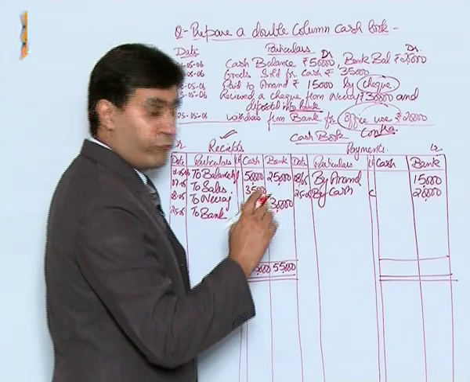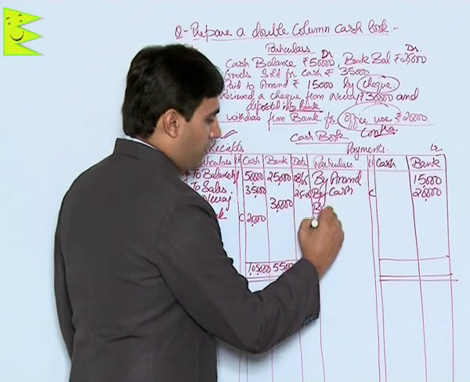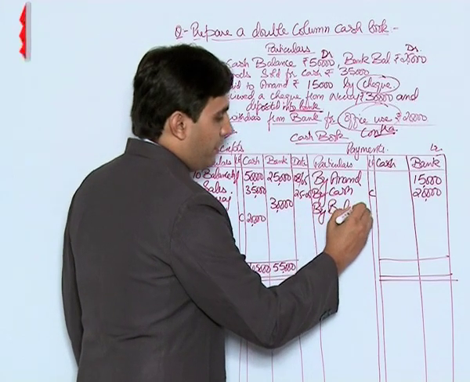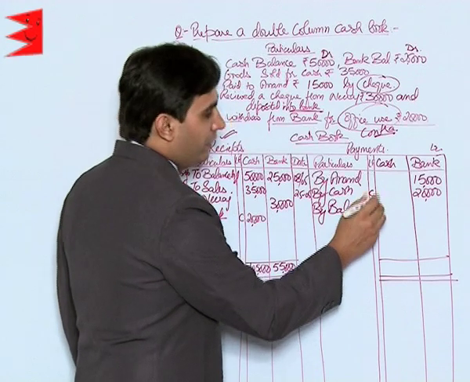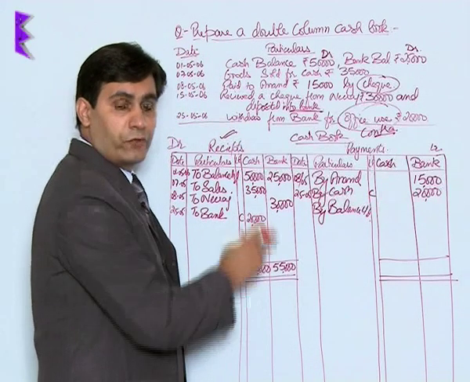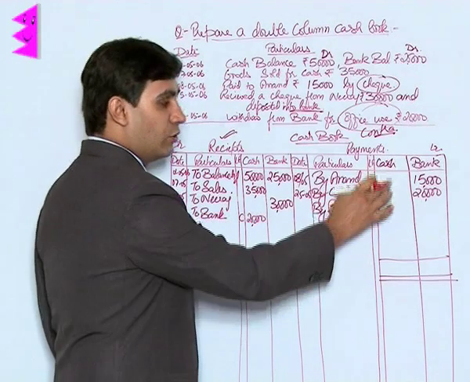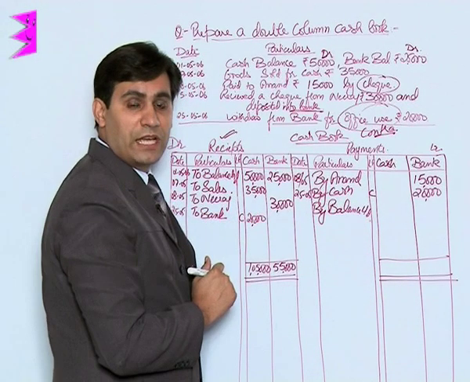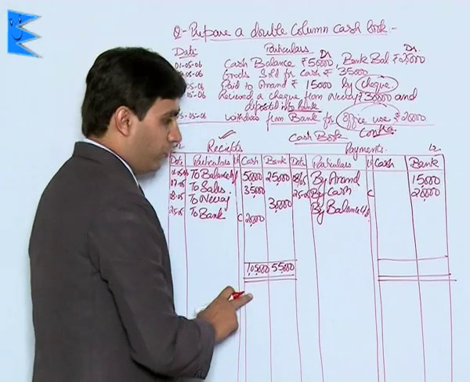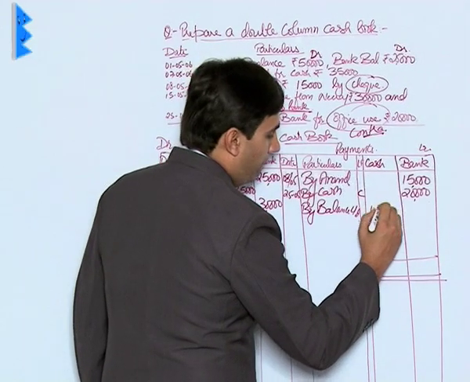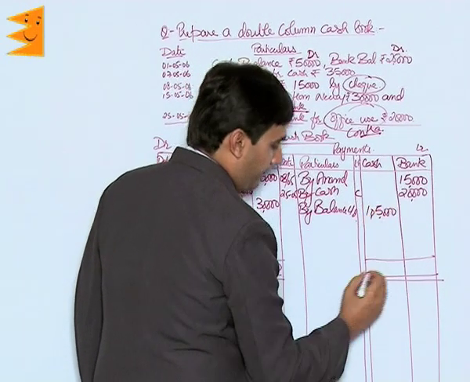Now students, to get the balance of cash, remember we will deduct the credit side total from the debit side total of the cash column only. There is no entry on the credit side of the cash column. That means the whole 1,05,000 rupees is the balance in hand.